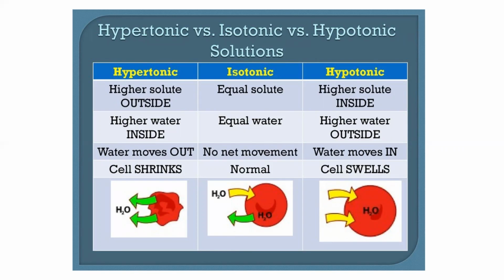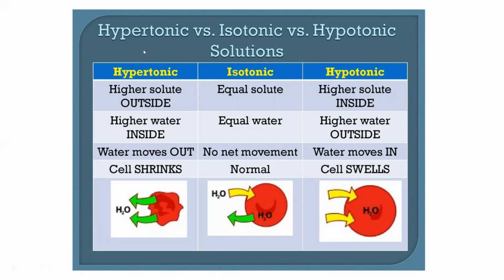And because of that, it leads to tonicity. So if you put a cell in an environment, it is going to react to that environment by putting water in, pushing water out, taking water in, or staying basically neutral with no net movement of water.